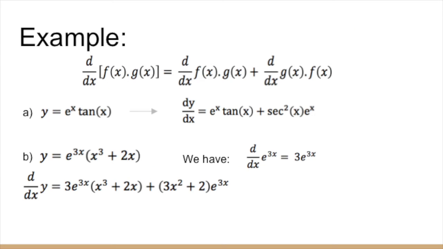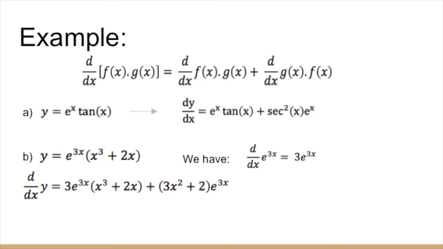To take a derivative of y equals e to the 3x power times x to the third power plus 2x, we have f of x is e to the 3x, and g of x is x to the third plus 2x.